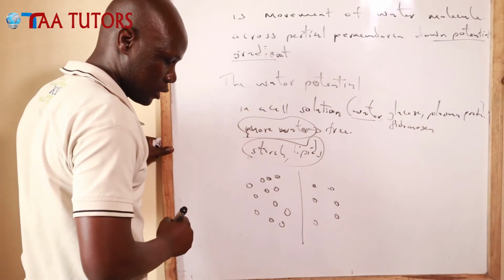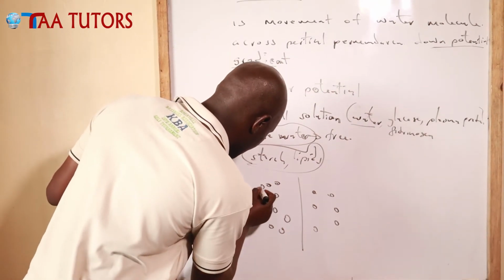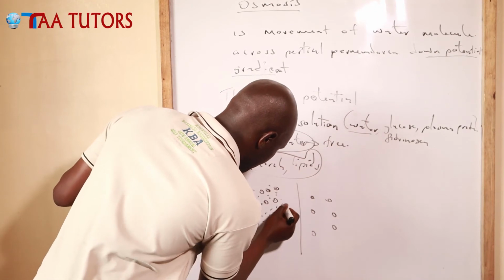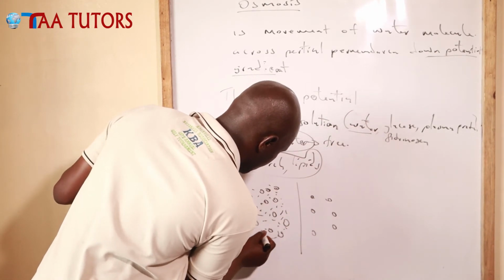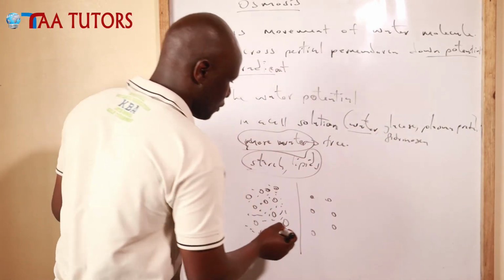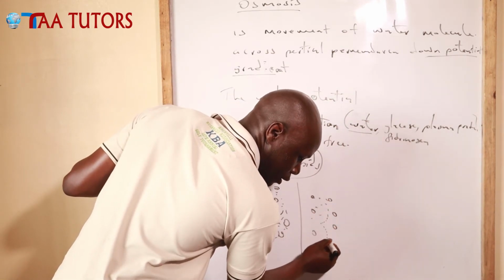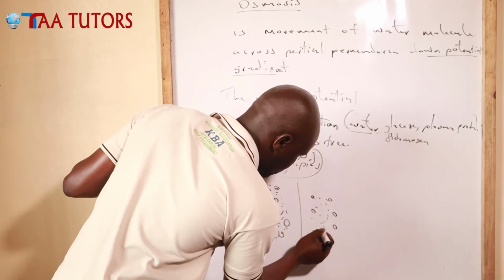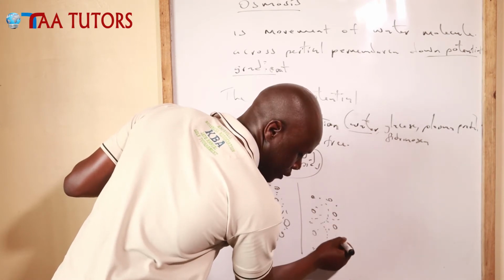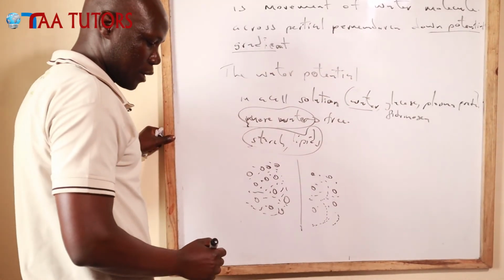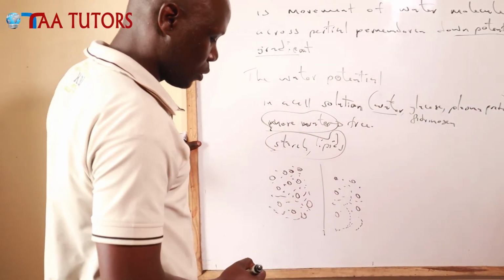So what do I see here? Now we can have the solvent and the solute themselves existing. That is what we have here, and this is what we have in this particular membrane. Assuming that this is a partially permeable membrane, what will we see?